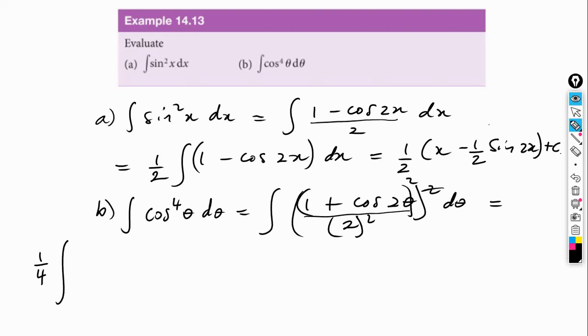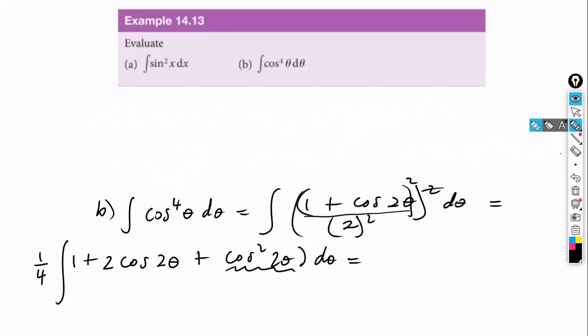So this becomes 4, so I take it out as a constant. It will be 1/4. And now I have to expand the top part, and the expansion of that is going to give us 1 plus 2 times cosine of 2 theta, plus cosine squared of 2 theta. Okay, notice that we're going to have to substitute here again, right?